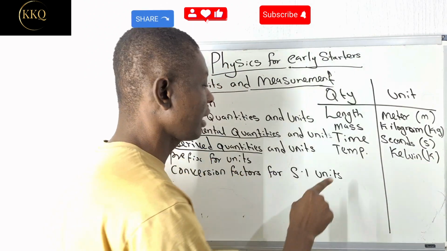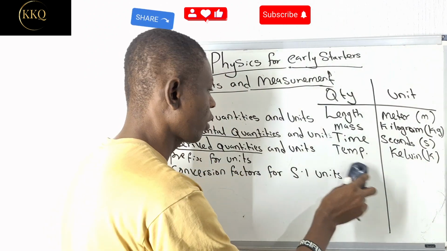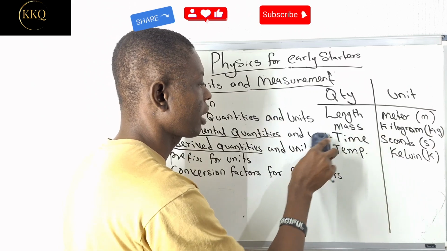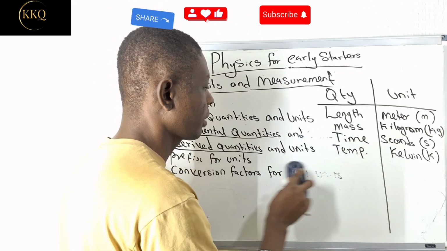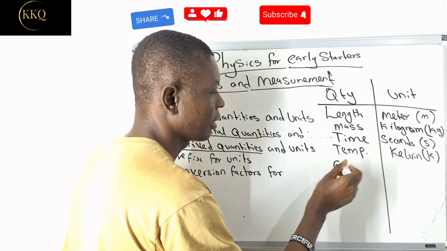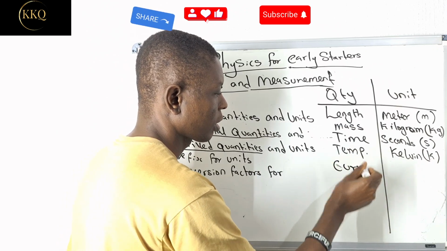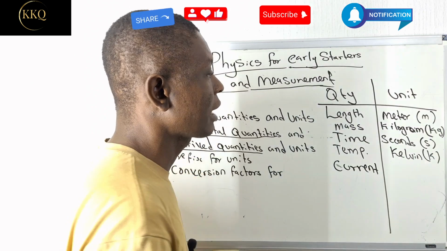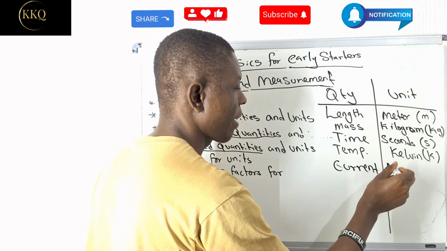Another fundamental quantity is electric current. Where will I write? I need space. Okay, let me clean this part. Electric current, or let me just write current. And its SI unit is ampere.